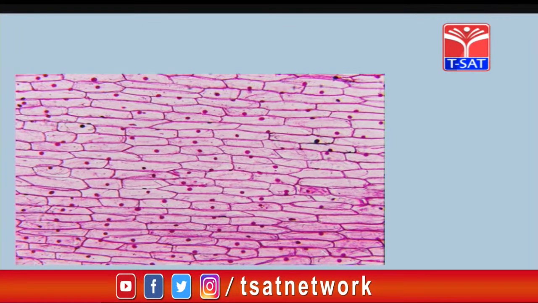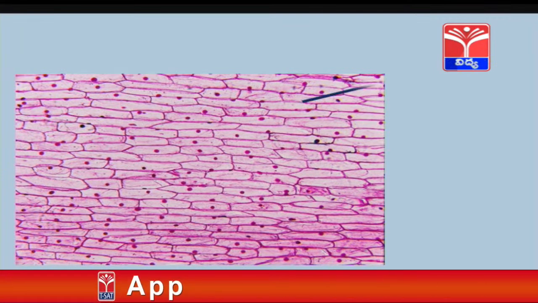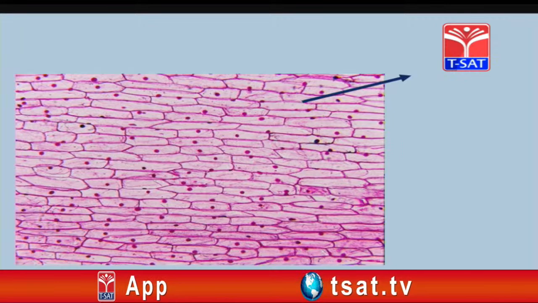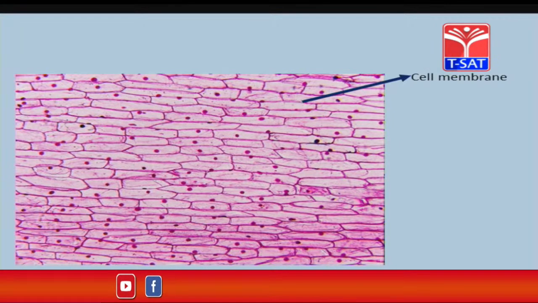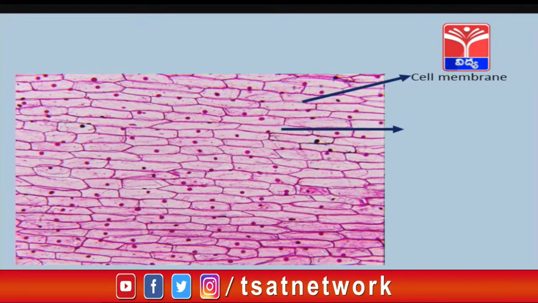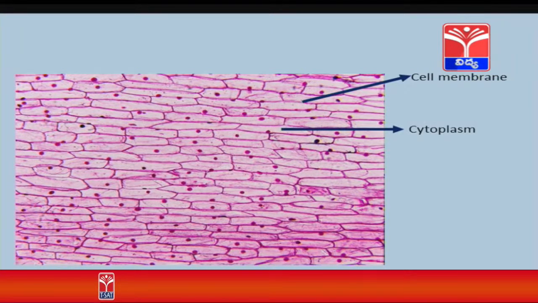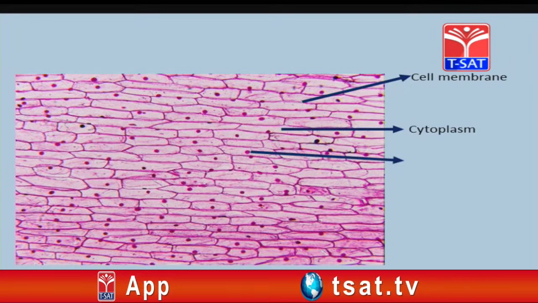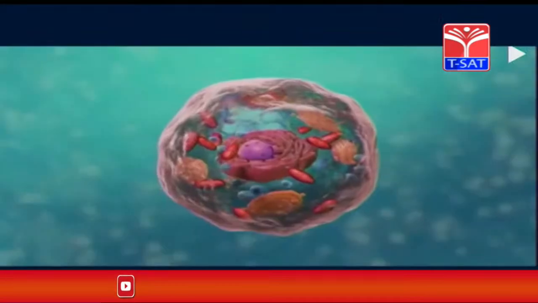Cells have three main parts. The membrane which is covering the cell is called as cell membrane or plasma membrane. The fluid which is filled in the cell is called as cytoplasm, and the distinct round structure which you can see in the middle of the cell is called as nucleus.